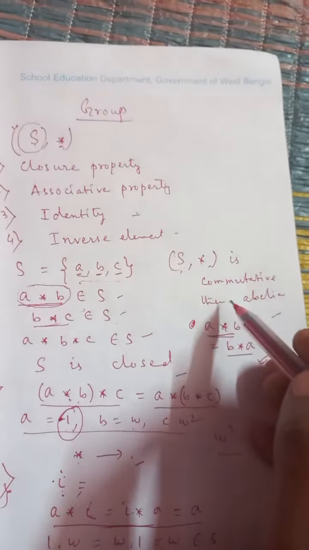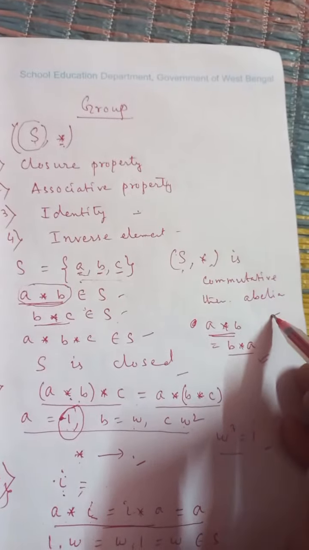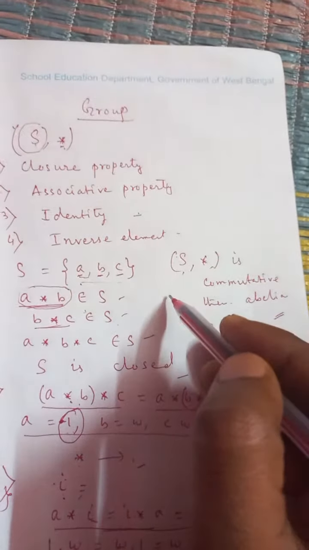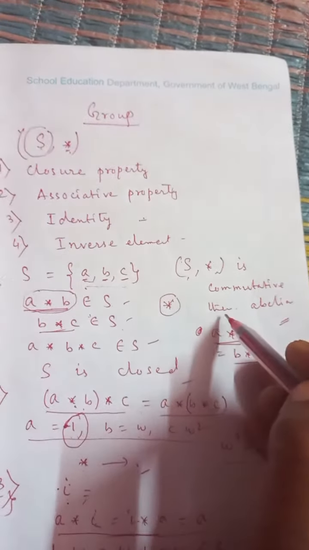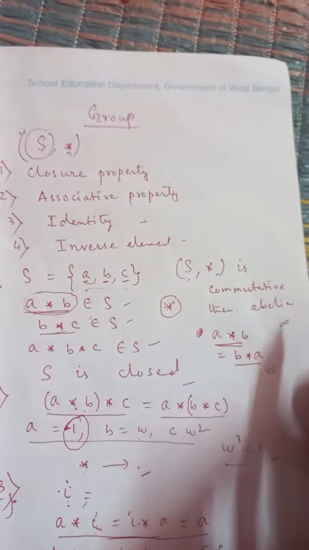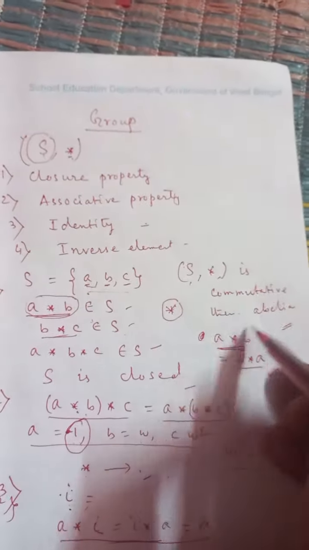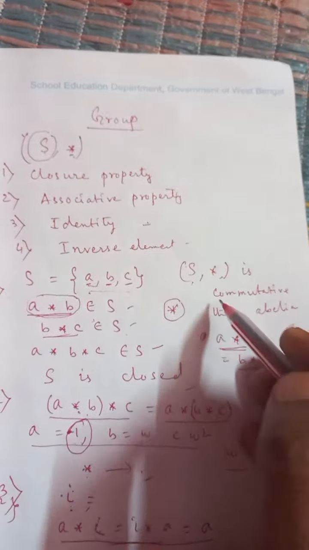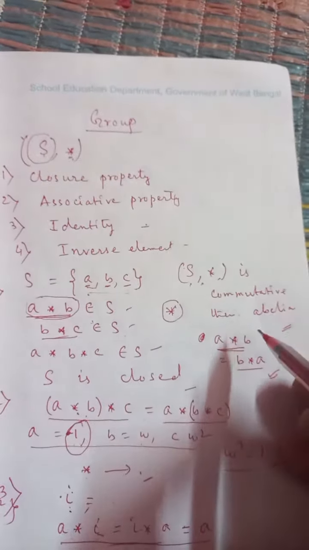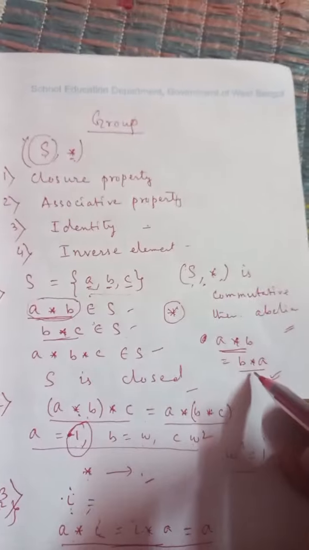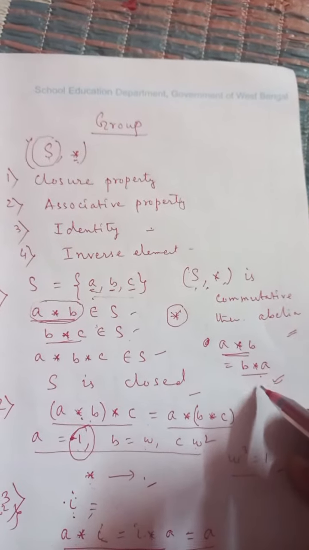Otherwise it cannot be an abelian group. This is very important for further study in group, ring or field. So you have to know how we can prove that any set is abelian or not. Through the commutative operation we can prove this.